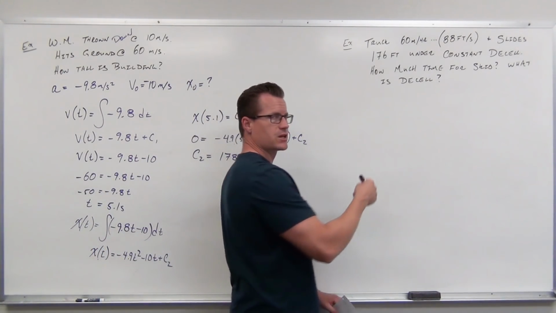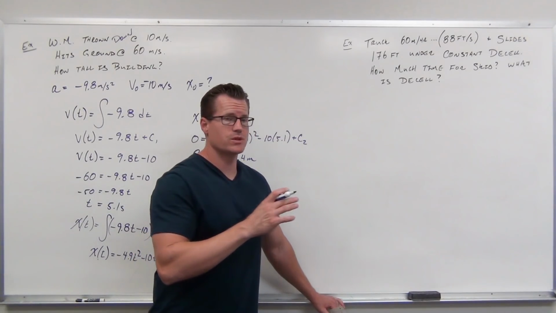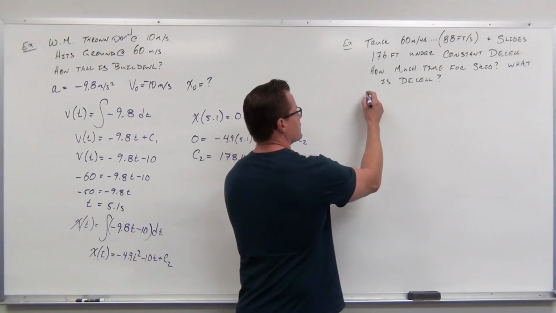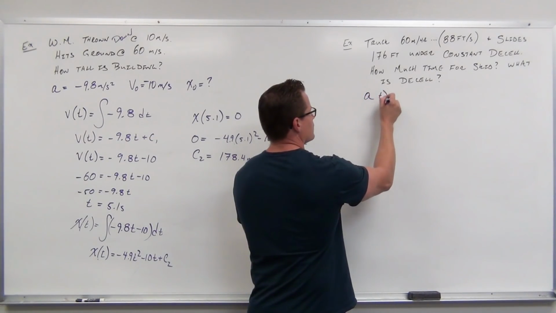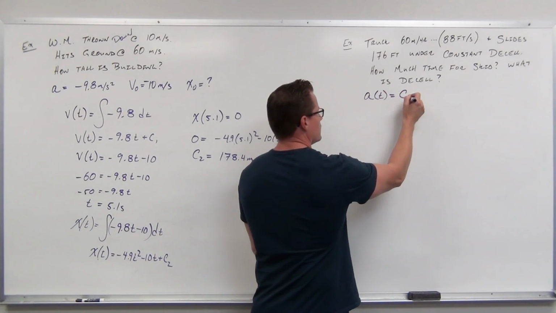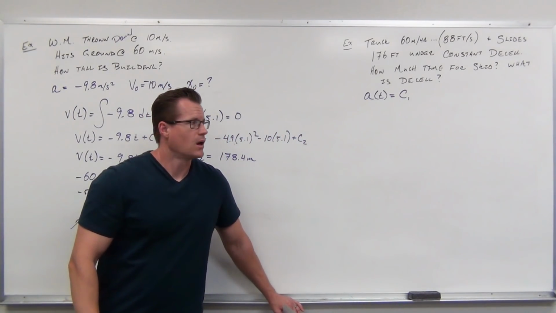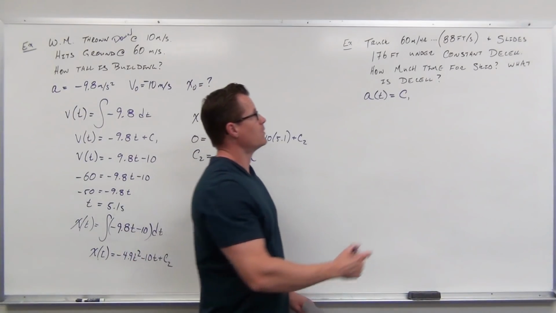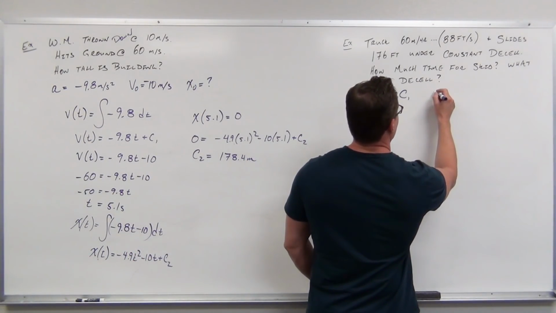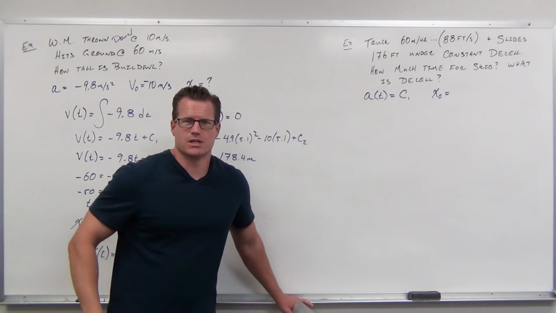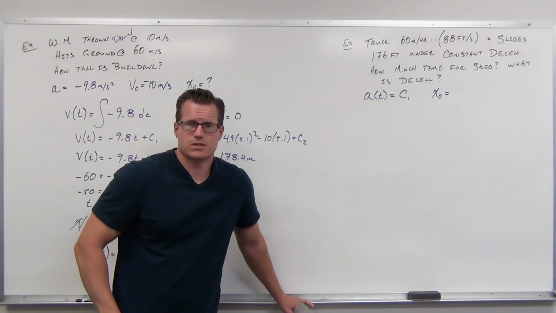So the first thing we're going to start with is what we know. Well, we know that acceleration is constant. Let's call it c sub 1. The next thing we know, let's assume that our initial position is 0.